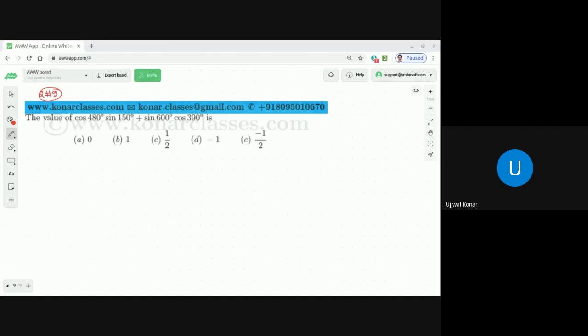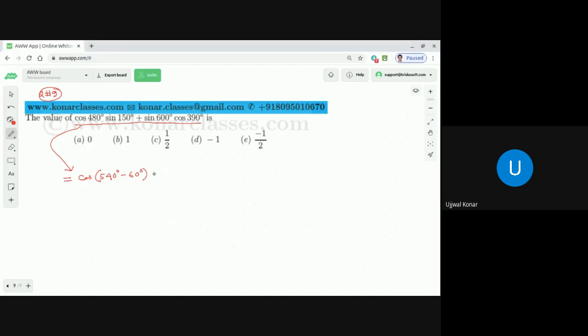So here the numbers 480, 150, 600 and 390 are actually related, dear students. How they are related is the most important thing to find out here. If you look into the entire expression, I can write it like this: cos 480 is equal to cos of 540 degree minus 60 degree.